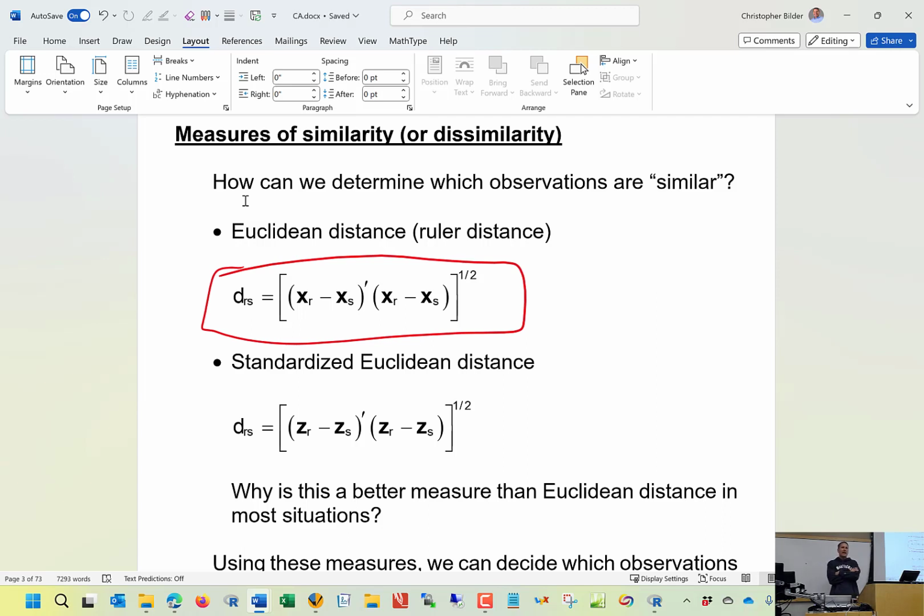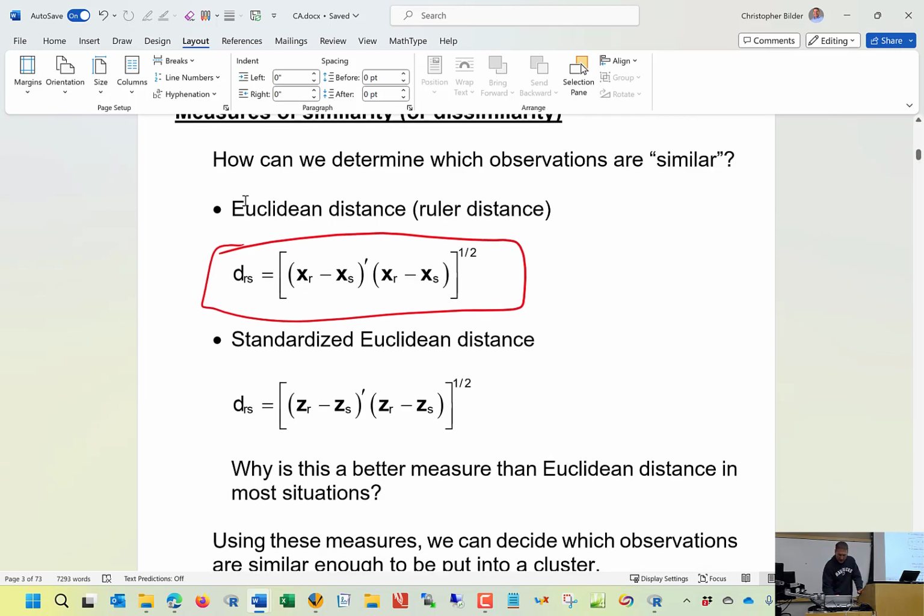Let's say I have two observations, and just to be general, we call them observations r and s. They are p by 1 in dimension in terms of the vectors of the numerical values, so I have p variables. To measure the Euclidean distance between two observations, I simply take the vector of the observations, subtract them, transpose it, and multiply by the same difference without the transpose.